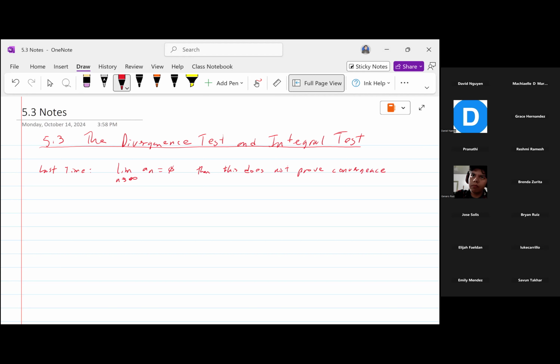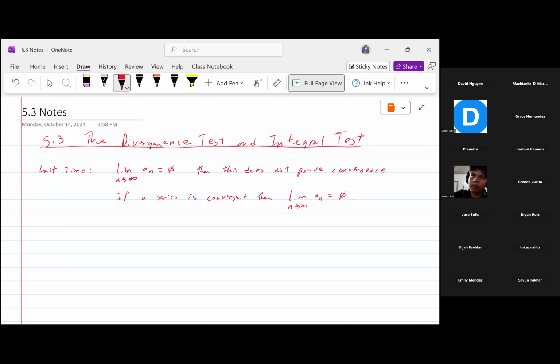However, the opposite is true. If a series is convergent, then the limit as n goes to infinity of a sub n is equal to 0.